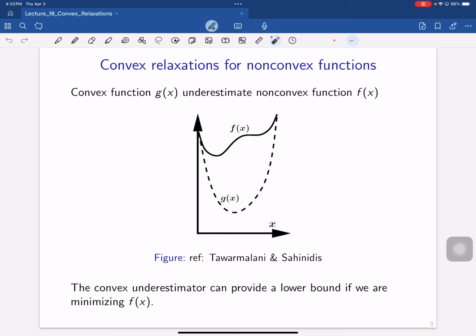One property you can quickly see is that if you minimize g of x and get the minimum of g of x, it is always a lower bound on the original problem. It's the same thing as linear programming relaxation giving you a lower bound of a mixed integer linear program. If you come up with a convex under approximation of a non-convex function, this under approximation also gives you a lower bound.